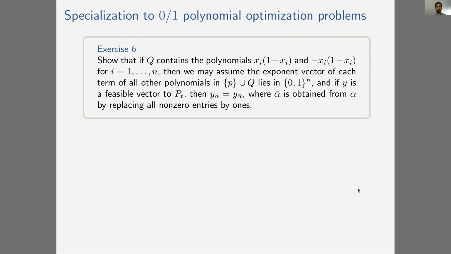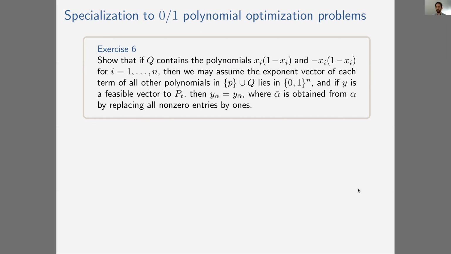Okay. So now I want to go, in the remaining 10 minutes, first to binary polynomial optimization problems, where we only care about our variables being equal to 0 or 1. And then I want to specialize further to the independent set problem. So here's an exercise. What if we have a binary optimization problem?